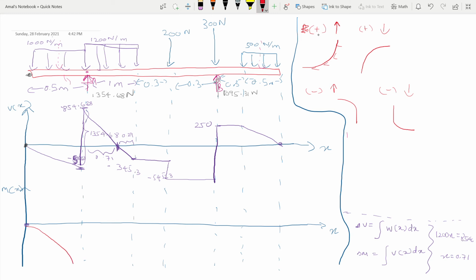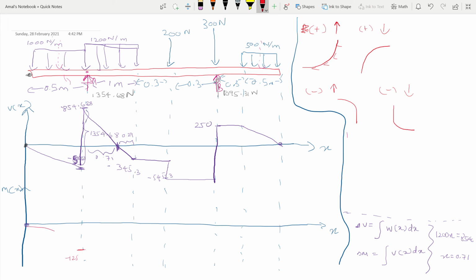But we don't know up to which value. We need to find which value. To find the value, we need to find the area under this triangle, which is 1/2 times 0.5 times 500. We get 125. So it goes down to negative 125.